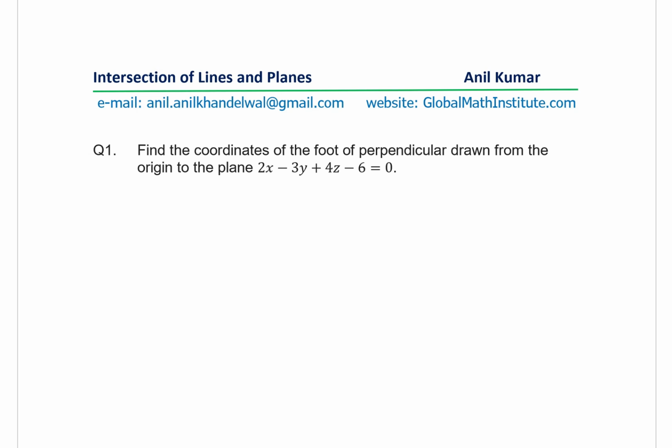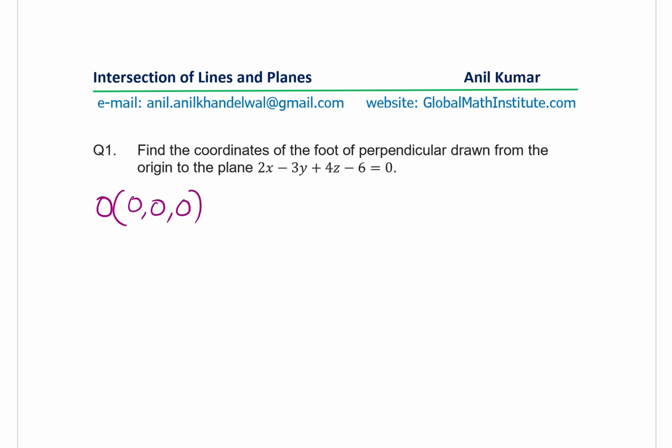So we are saying find the coordinates of the foot of the perpendicular drawn from the origin. We know the point here is the origin itself, which is (0, 0, 0), right?